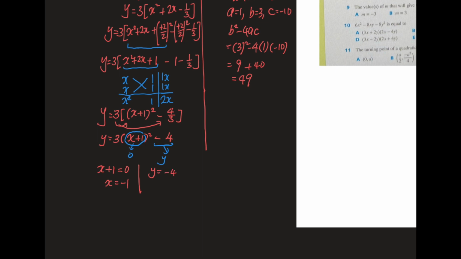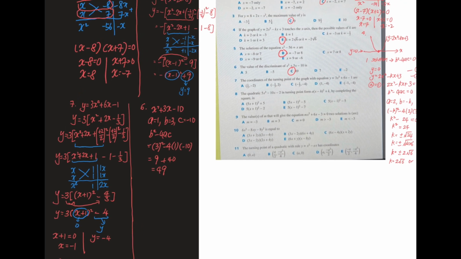And then we just take everything at the back there as y. y is minus 4. So we get x and y, and that is the coordinate. Minus 1, minus 4 as the coordinate of the vertex or turning point or maximum point. I mean, this is the minimum point for this case. So minus 1, minus 4. The answer is hence E.